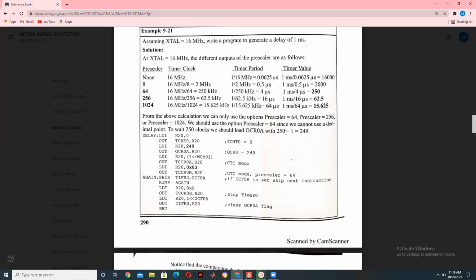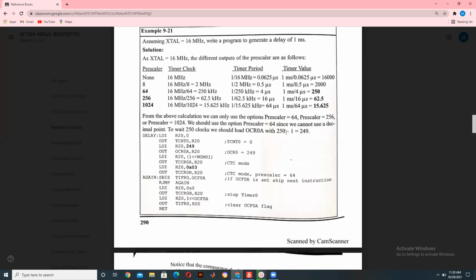You can use any, but we cannot use a decimal value. Both 256 and 1024 give decimal values, which is why we couldn't use them, and we have chosen 64 as the most precise one.